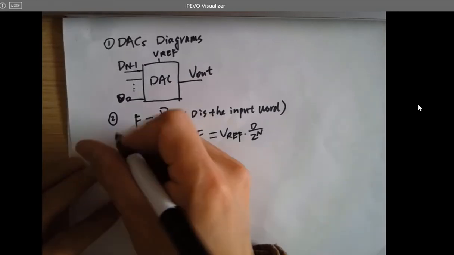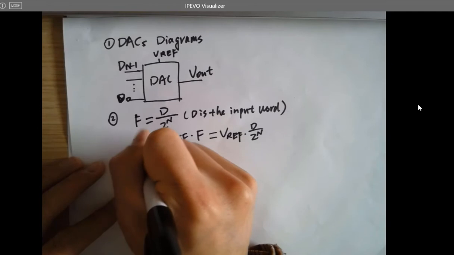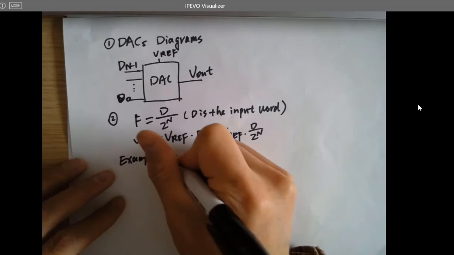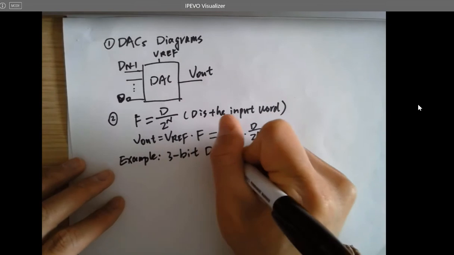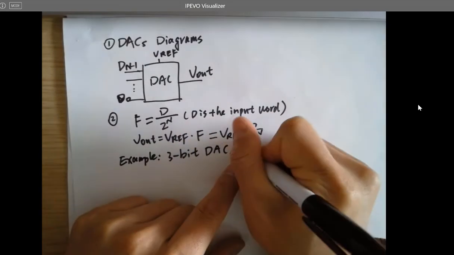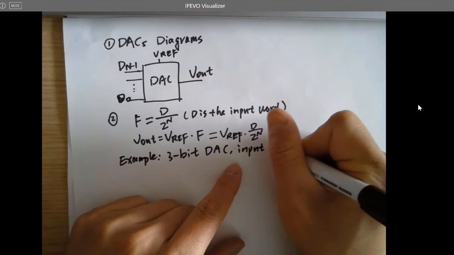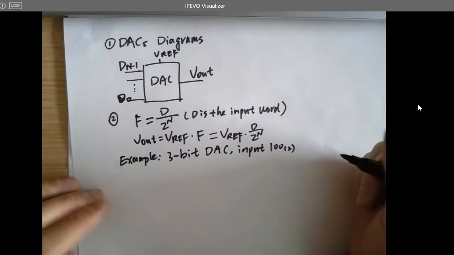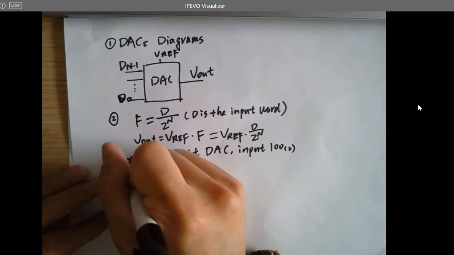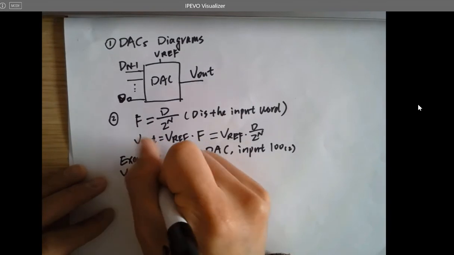And for example, a 3-bit DAC, the input is 100, that's the binary version, and VREF is 5 volts.